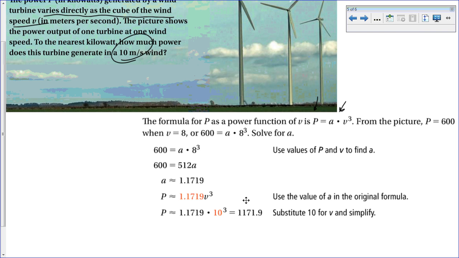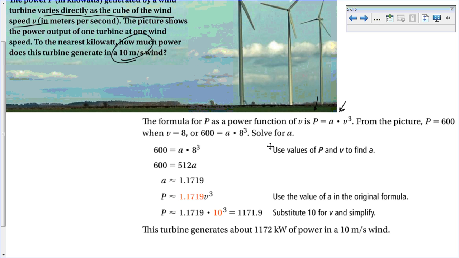And when you do that, you get 1,171.9, and it says to the nearest kilowatt. So you simply round it to the nearest kilowatt. So this turbine generates about 1,172 kilowatts of power in a 10 meter per second wind.